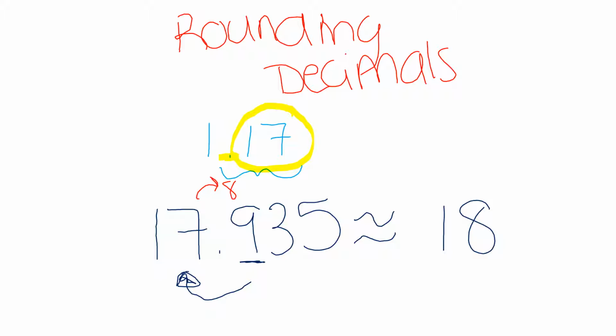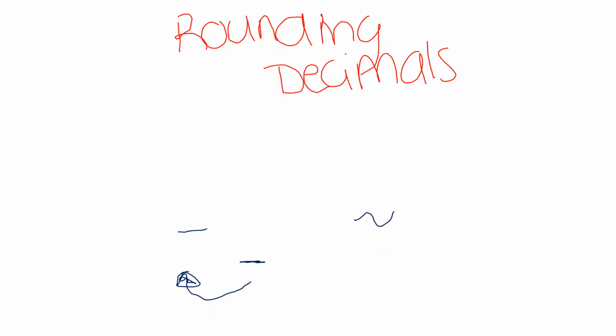Let me show another example of rounding with decimals. Let's look at the number 34.123.